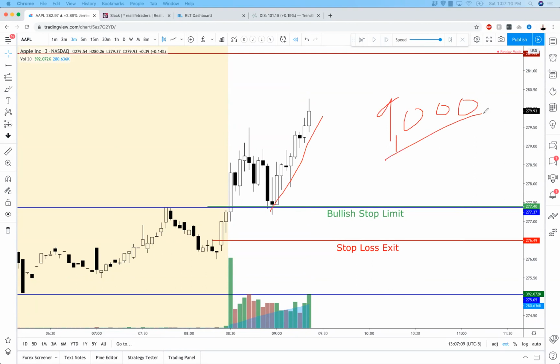Minimum. Let that sink in for a moment because it's real. That math will always work regardless of how big your R is or how small your R is. Albert says, would you consider it to be a large R above 500? Yes. Yep.